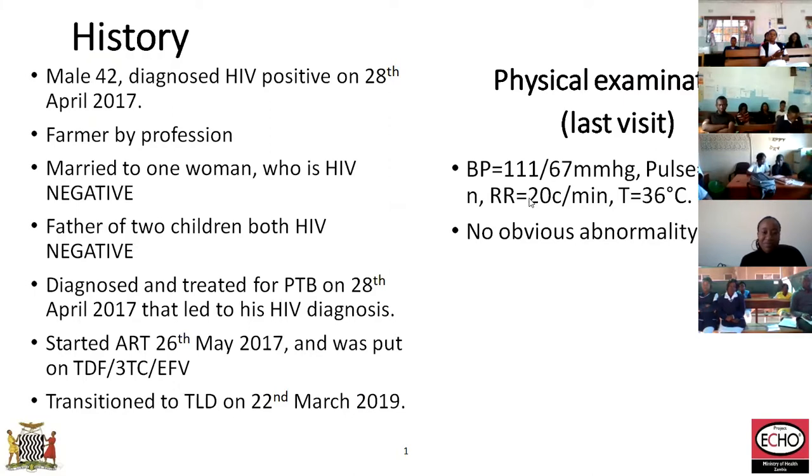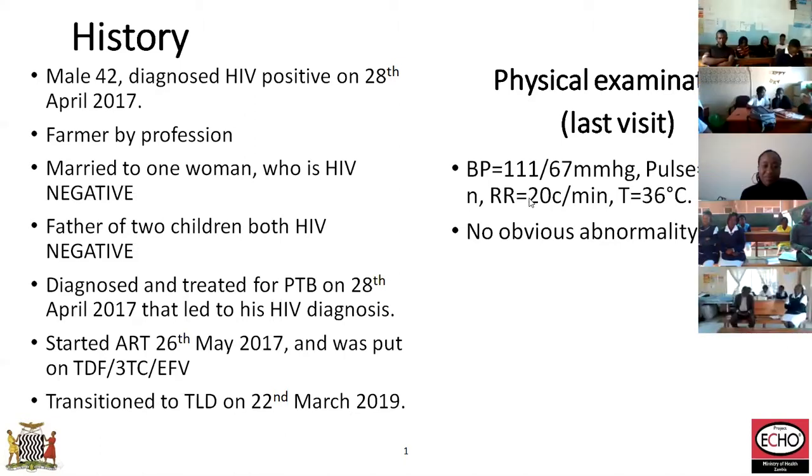He was diagnosed and treated for TB on 28th April 2017, which led to his HIV diagnosis. He started ART on 26th May 2017 on TDF, 3TC, EFV. Later he was transitioned to TLD on 22nd March 2019.